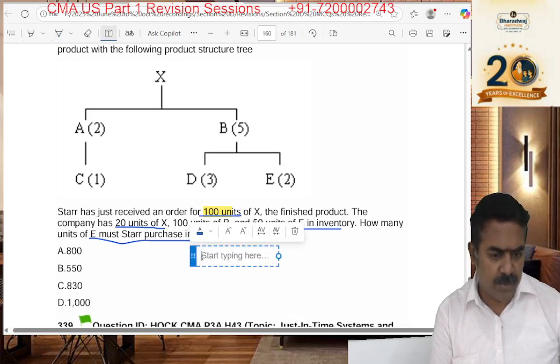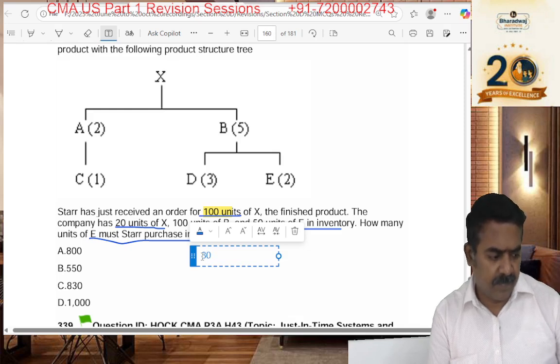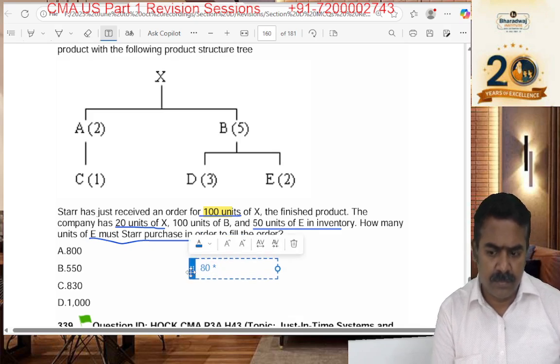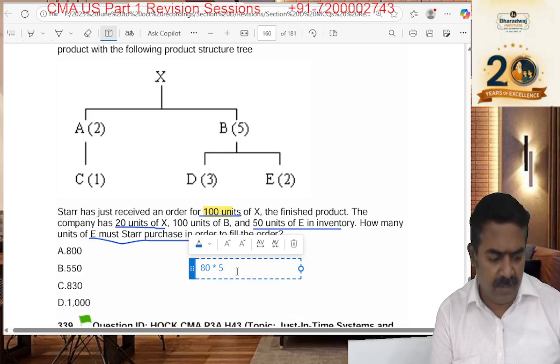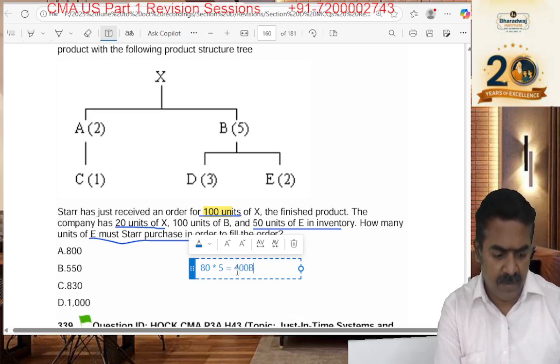So 100 minus 20, 80, into B requires 5 into 2. How much do you get? 80 into 5, we need 400 B. In that, 100 units of B stock is there.